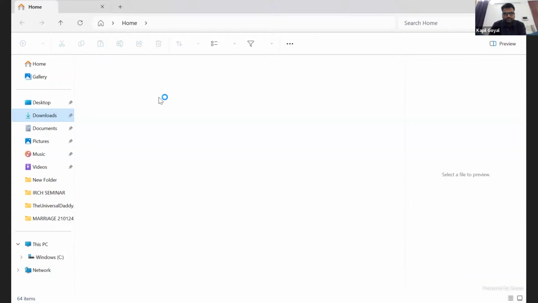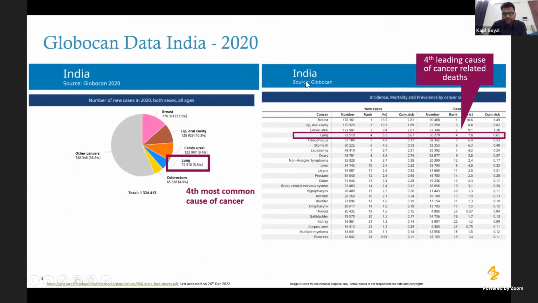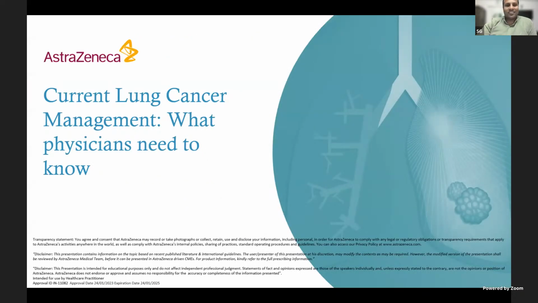Dr. Nitin just got disconnected. He's trying to reconnect in a minute. Welcome back, Dr. Nitin. Are the slides visible now? No, they're not yet visible. Can the organizer share the slide and Dr. Nitin will just read out? What about now? It's visible now. Yeah, please go ahead. Very sorry for the delay. No worries.